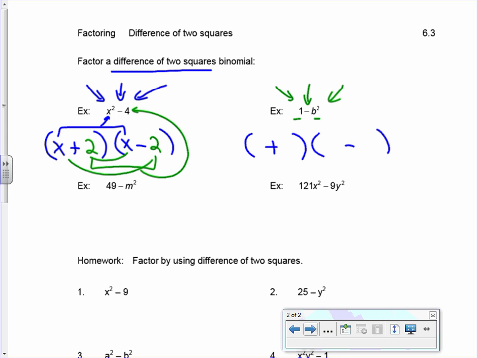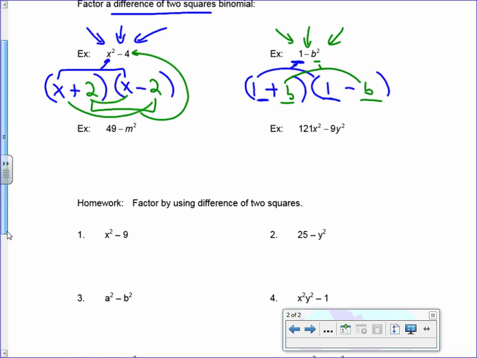Don't put the number in the second slot. The number's in the first slot, so it needs to go in the first slot here. 1 times 1, these have to be the same, give me 1. And then I need 2 things here that are exactly the same that multiply together to give me b squared, b times b. And keep them in that same order or else it messes up the signs.